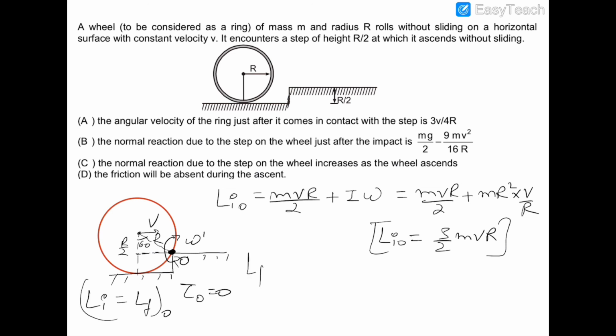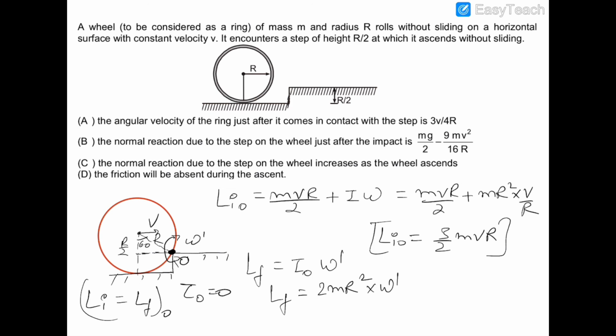Now the final angular momentum about point O is I about O into omega dash, because we are considering that when the ring is ascending over the step, then this ring is rotating purely about this point O with angular velocity omega dash, and therefore the final angular momentum L_F would be equal to 2 mr square, because the moment of inertia of this ring about this point will be mr square plus mr square, which is 2 mr square into omega dash.